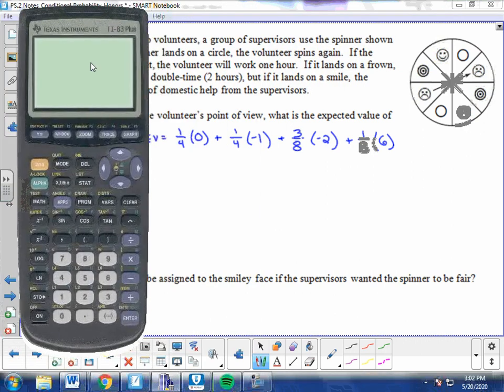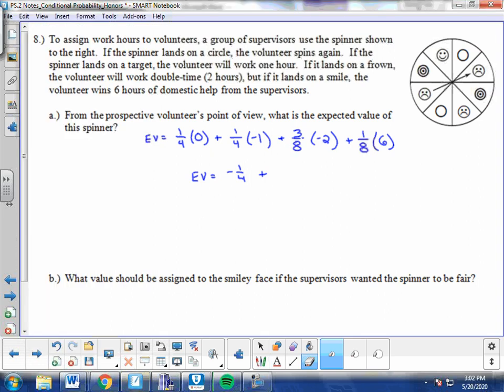So as we simplify this, the expected value then, let me simplify these fractions down a little bit. 1 times 0 is just 0. -1/4 plus 3 over 8 times -2 would be -6/8. So let's make this minus 3/4. And then plus 6/8. So plus 3/4.